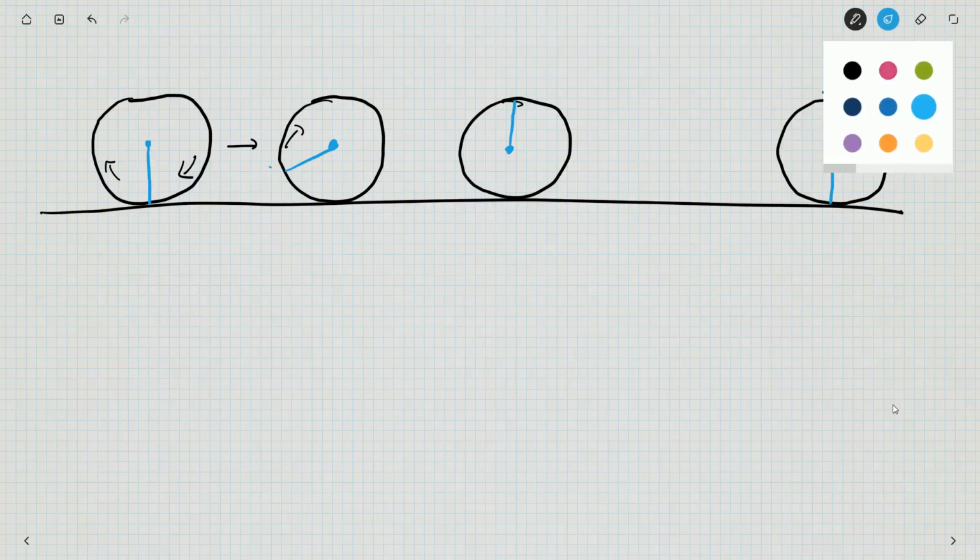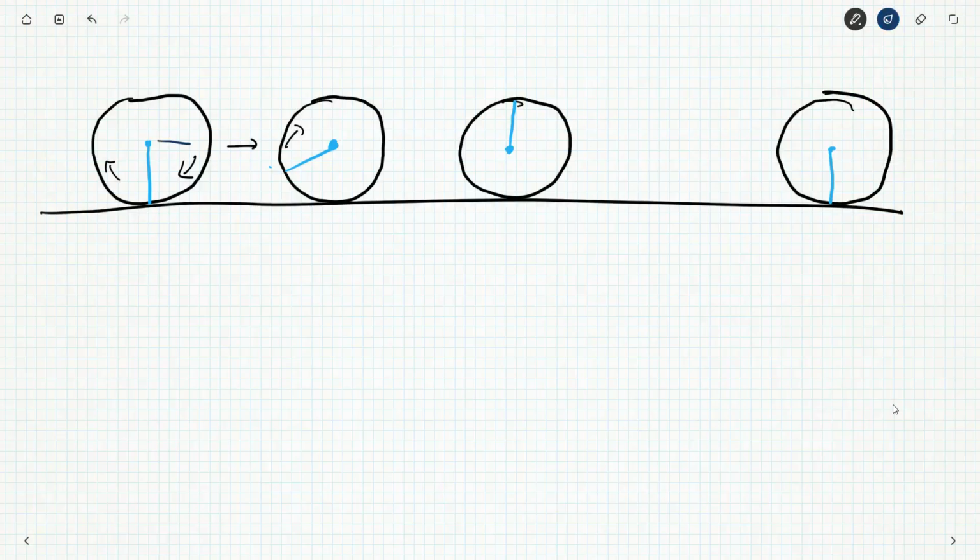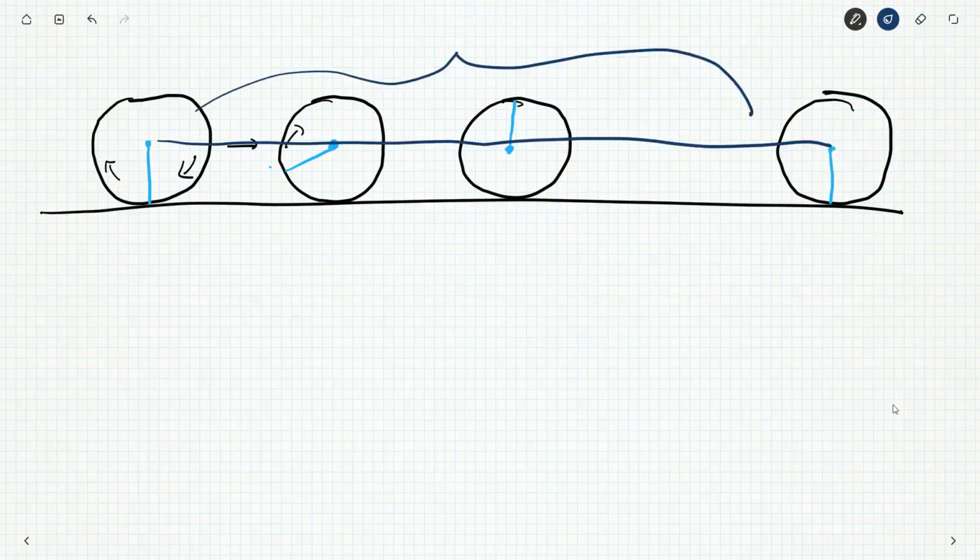So what do we want? We want to know the distance that the center traveled. Now, what can we see here? Because of the way we chose our blue spoke, it's sticking right down at the ground, so we get right angles here.